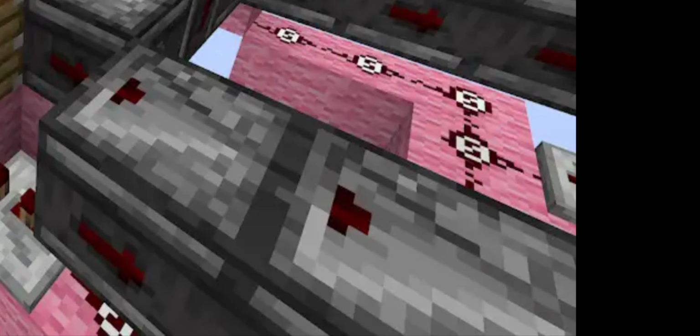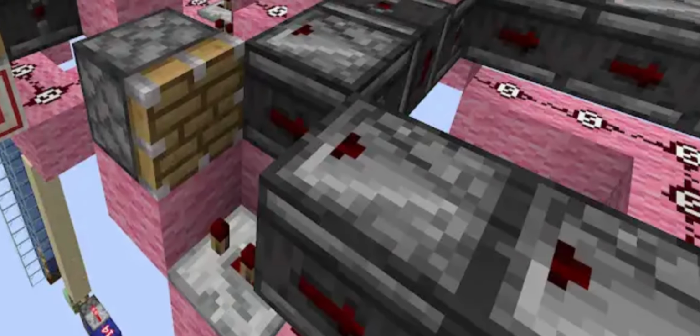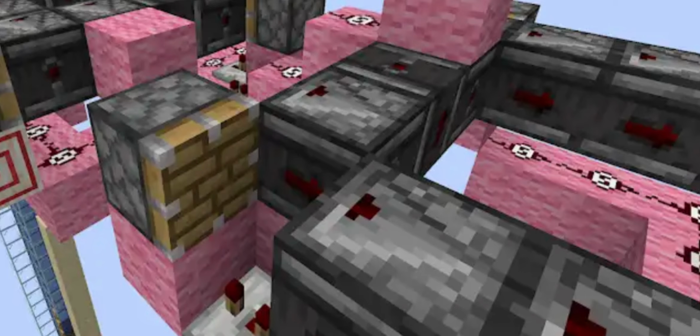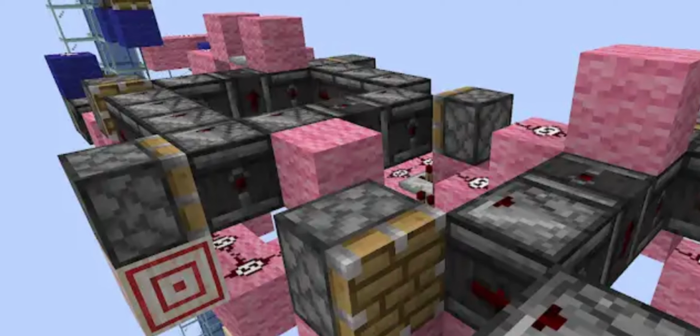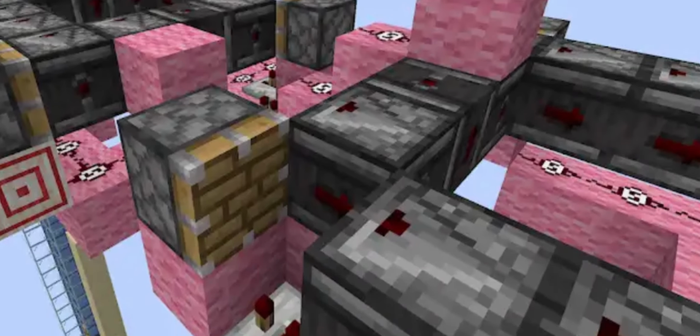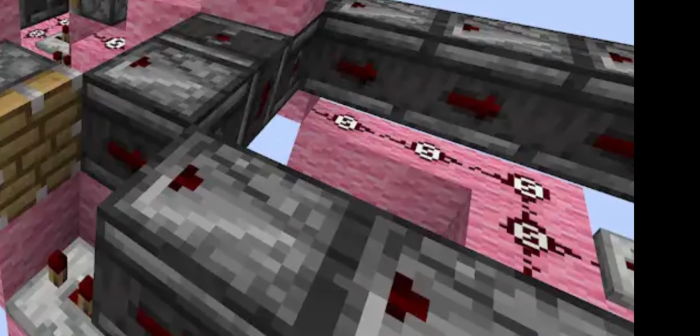No, it's definitely powerful enough. This is a 14. No, 14? No, 1, 4, 8, 8, 9, 10, 11, 12, 13, 14. 14, I was right. 14 block.